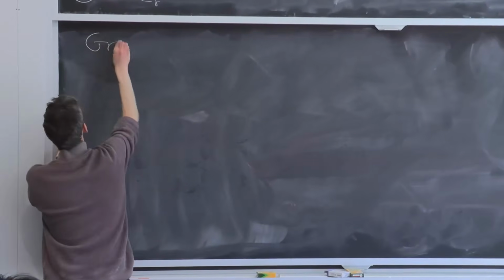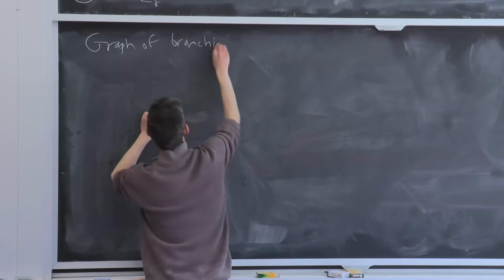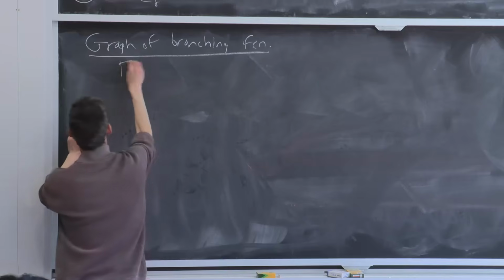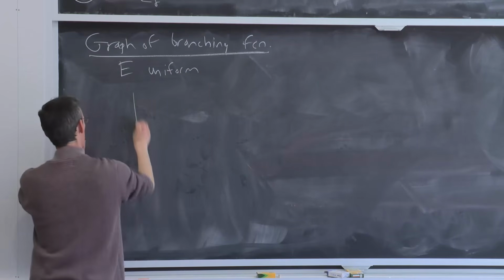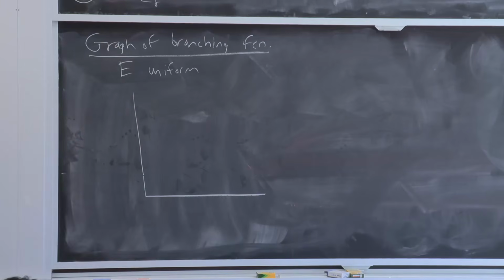OK, we'll do the graph of the branching function. So we're going to suppose that E is uniform. And then I'm going to draw a graph that encodes the information of how many rho balls there are to cover E at every scale.